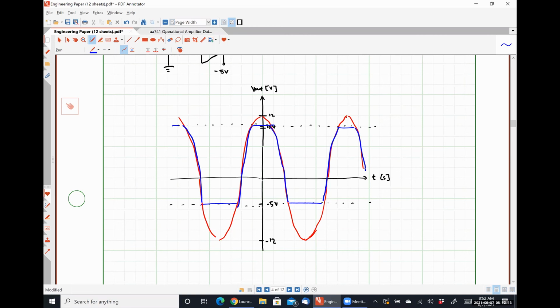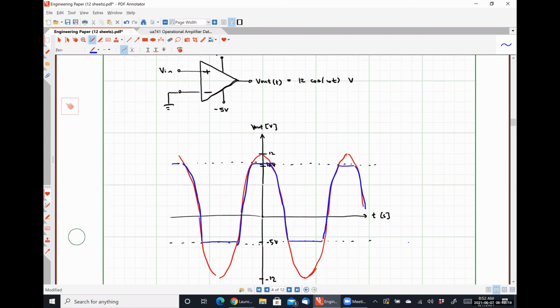It does, and that's actually a very important thing here. So in this particular circuit, I've chosen a gain. I didn't tell you exactly what the input signal is at all, I just told you what the output signal is.